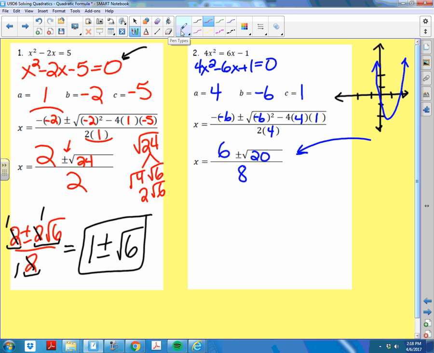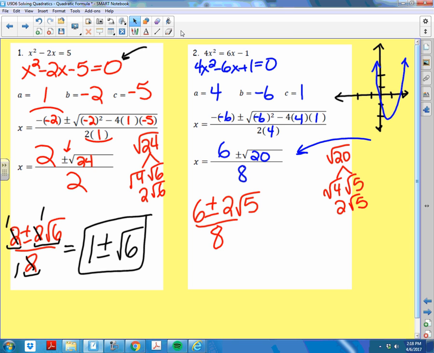Anybody not get that and they're not sure why? Okay, so we need to clean up the square root of 20. So do the square root of 20, that splits to the square root of 4 times the square root of 5, which is 2 root 5. So let's rewrite it. 6 plus or minus 2 times the square root of 5 divided by 8. Does that clean up? Does it simplify? Oh, yes, it does.